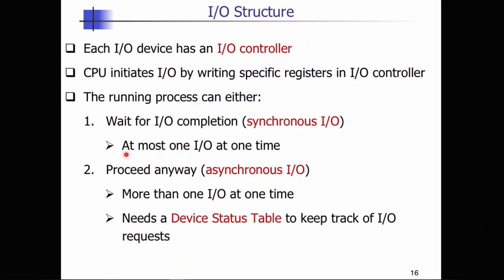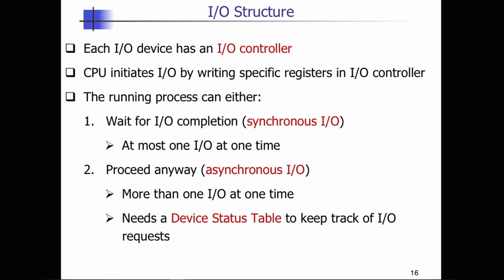And also, because of synchronous I/O, because we are waiting for that I/O to complete, we can have at most only one I/O at any time. So imagine your keyboard and mouse, those are both I/O devices, and if they are using the processor, it is very inefficient for only one device operation to go through.